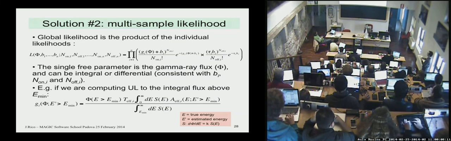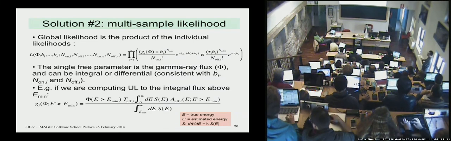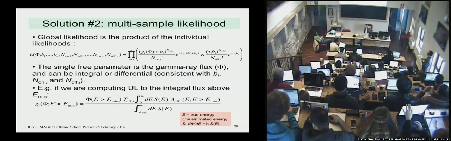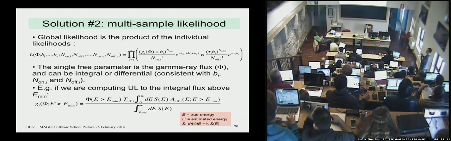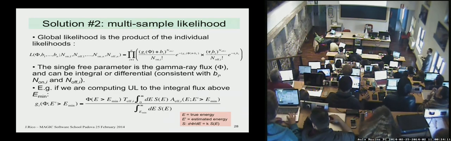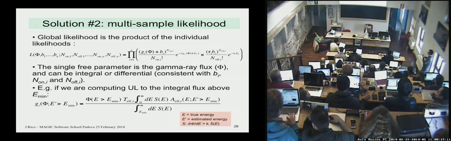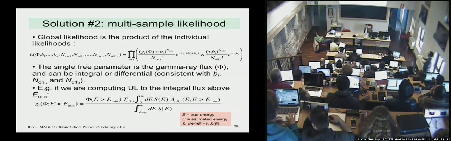Because if you included G1 until Gn and you maximized for them, you would be assuming that all these G's are independent, and they are not, because all the G's are coming from a single physical process, which is what you are trying to measure, right? And this is what you introduce in your likelihood, the value of the physical quantity you want to determine.